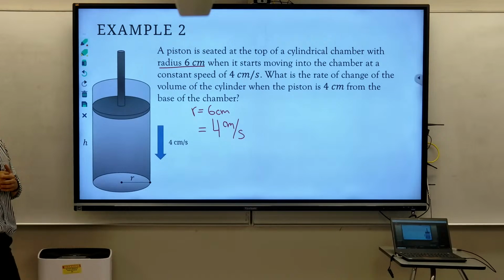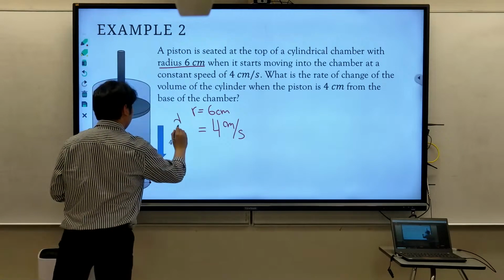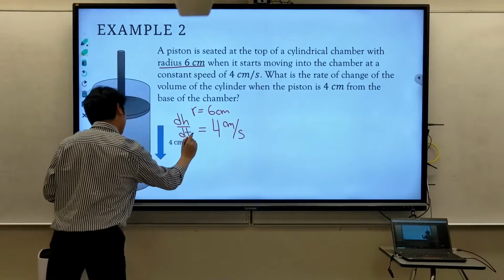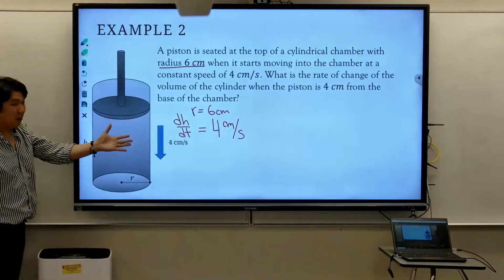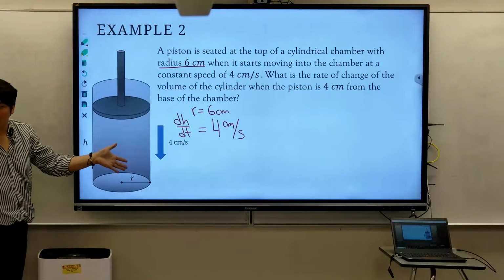Is my volume measured in centimeters? So it can't be volume. I'm going to say that it's going to be a rate of change of the height of my cylinder. And let's talk about why. Remember, the cylinder I'm looking at is sort of the air pocket in here.